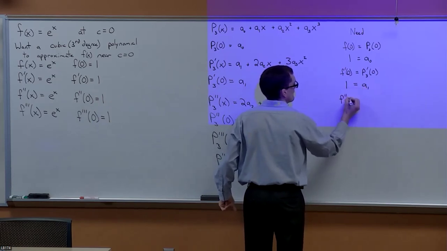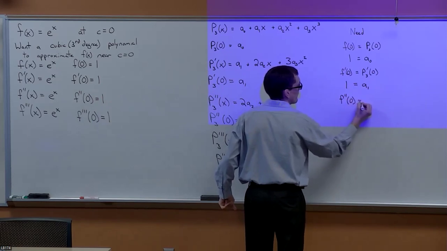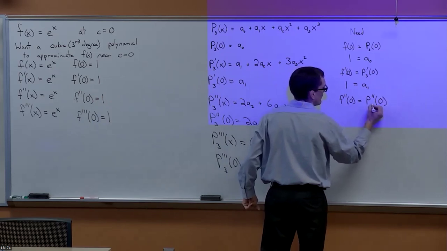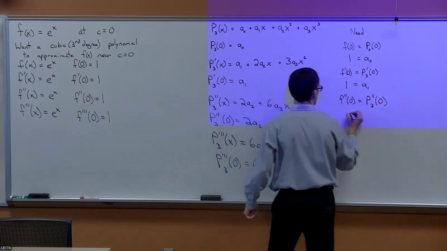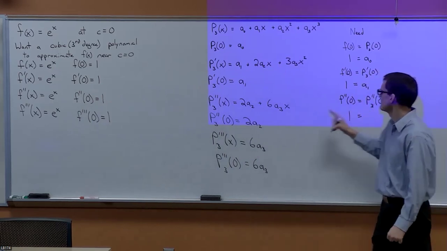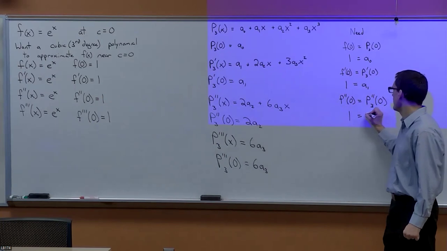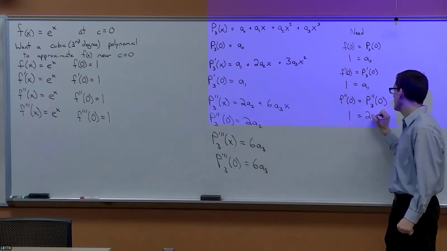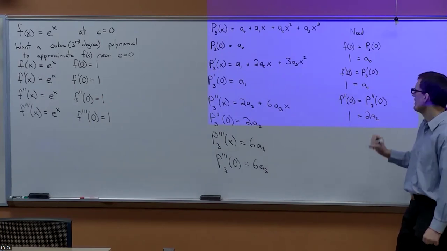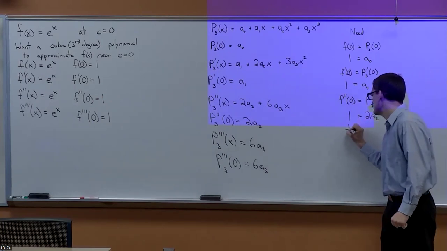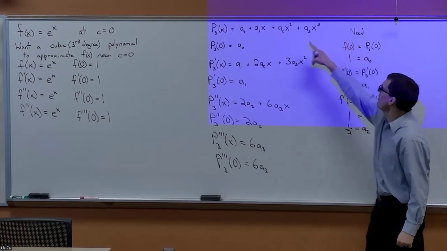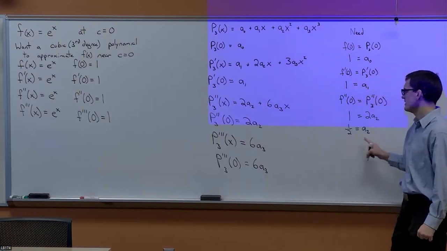We also need the second derivative of the function to match up with the second derivative of the polynomial at 0. Second derivative of the function is 1. Second derivative of the polynomial is 2 times a2. That means the coefficient of my polynomial on the squared term needs to be 1/2.